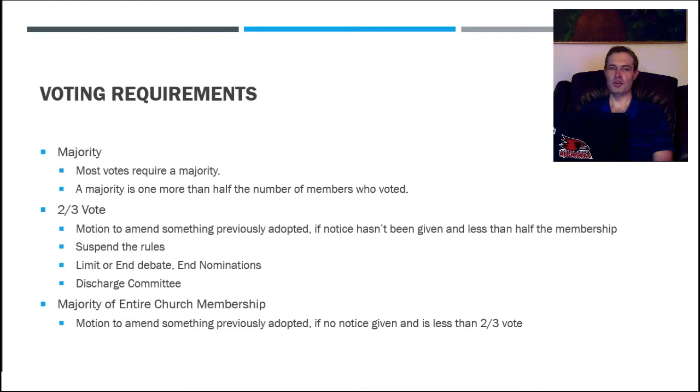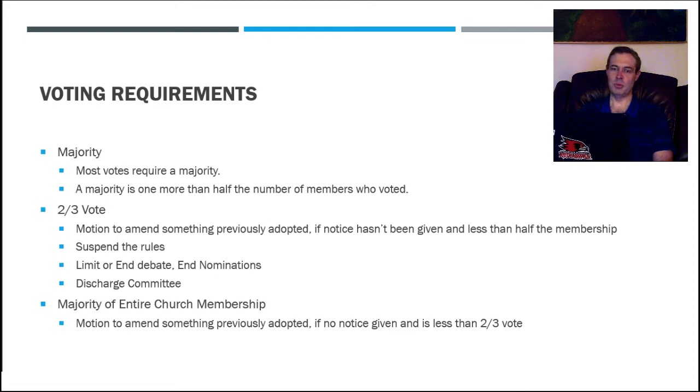Now, certain things you can't do. If there are rules in place that protect absentee members, you cannot suspend those. Even if you had a motion to suspend the rules, it would be null and void, and in a future point of order, those absentee members could bring it up and say this motion was out of order.